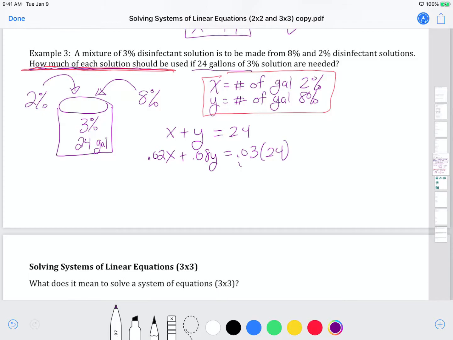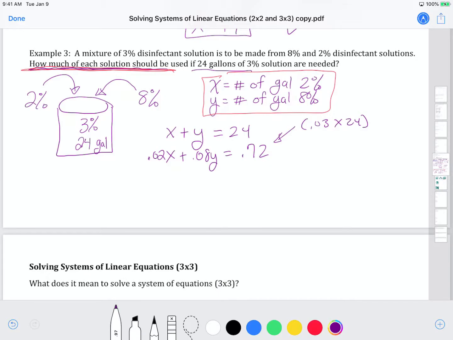If I multiply this out, if I take 0.03 times 24, that gives me 0.72. So I can actually rewrite my equation so that it's equal to 0.72 if I want. And this is because I got 0.03 times 24.